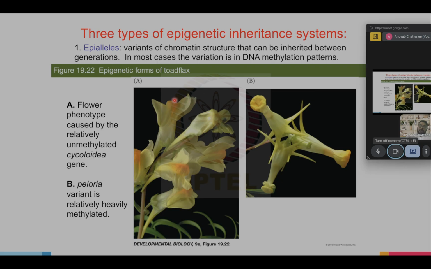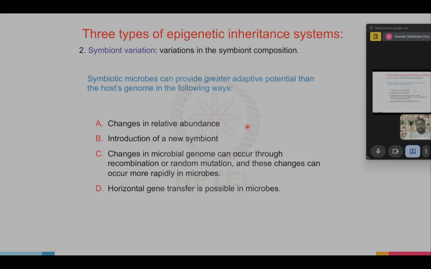In case of toadflax, we have one flower phenotype where there is relative unmethylation in the particular flowering gene, but in another the flowering gene is highly methylated, and that is why you have a different flower phenotype. Again, this is not a change in the DNA sequence, but a change in the chromatin structure. So this is an epiallele or epigenetic type of inheritance.